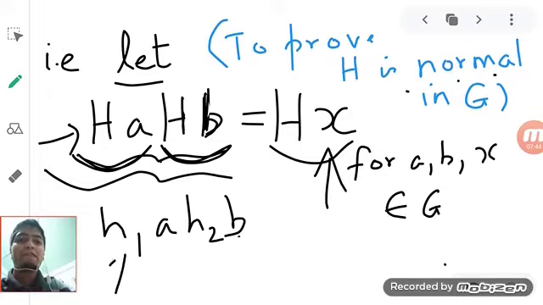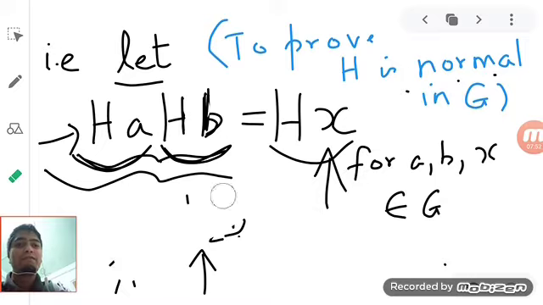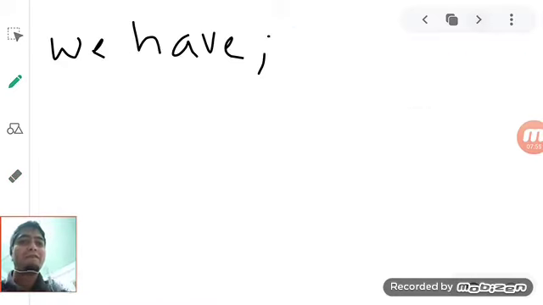But we can take particular values for h1 and h2 also. It will still be in the set HA, HB. So instead of h1, I can take a very special element that is in capital H, that is e.